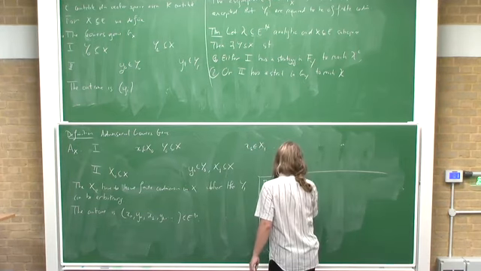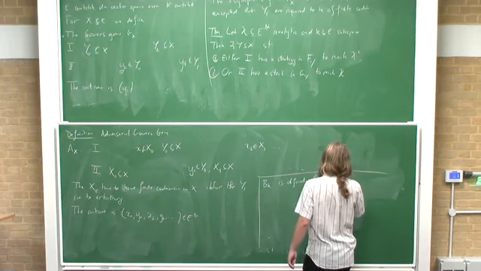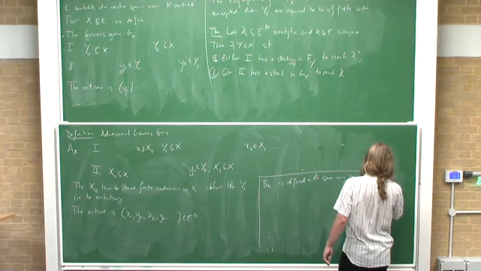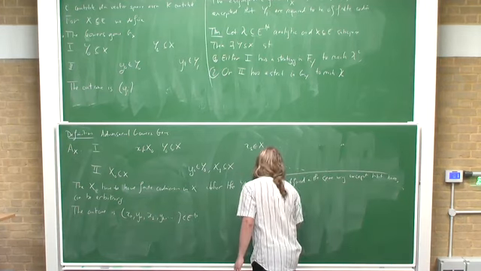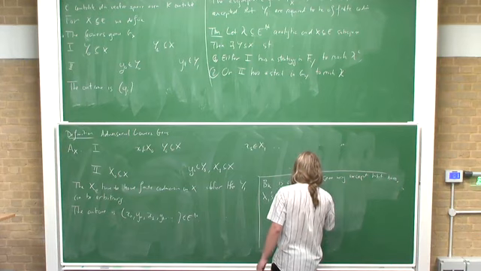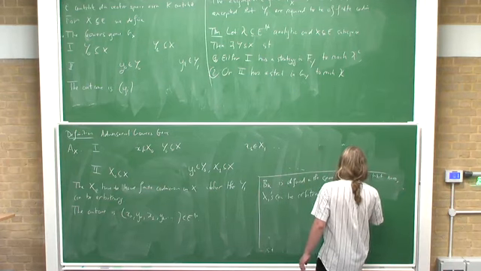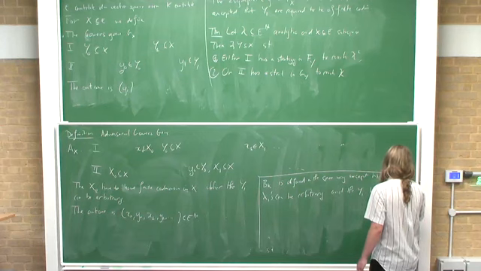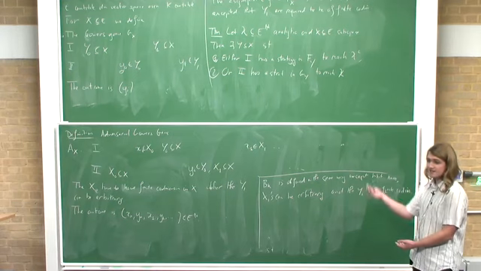B_X is defined in the same way, except that here the X_i can be arbitrary, and the Y_i have to have finite codimension. So it's exactly the opposite.